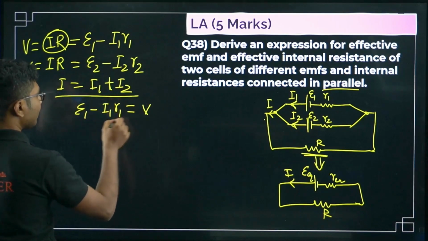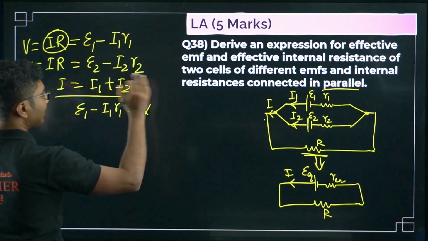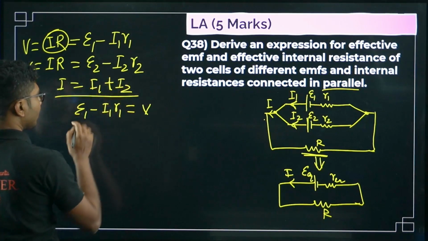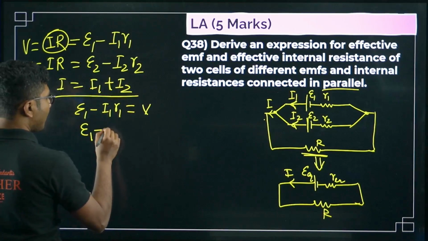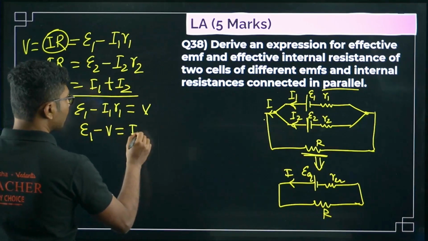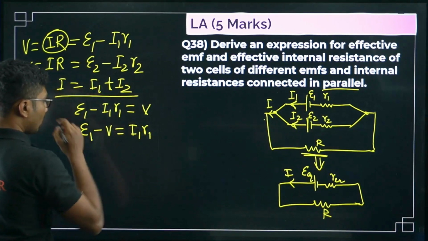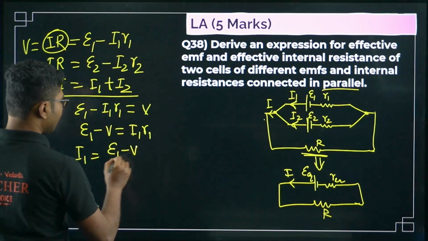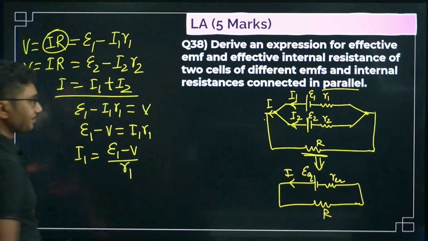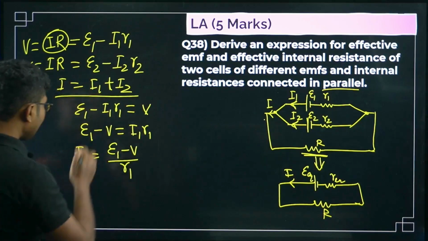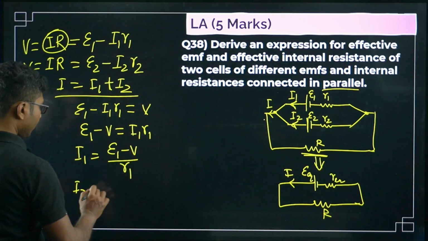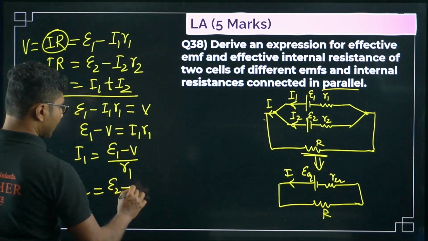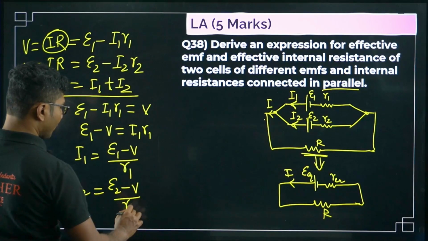We are trying to separate this I1 R1, so I am taking it to the other side, and V is coming to this side. So epsilon 1 minus V equals I1 R1. So I1 is equal to (epsilon 1 minus V) by R1. Similarly, I2 will be equal to (epsilon 2 minus V) divided by R2.